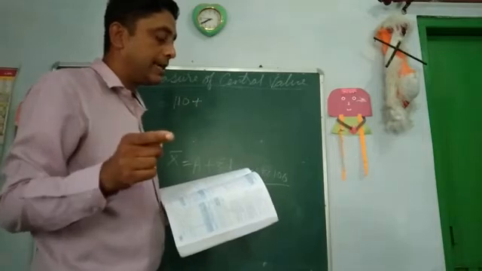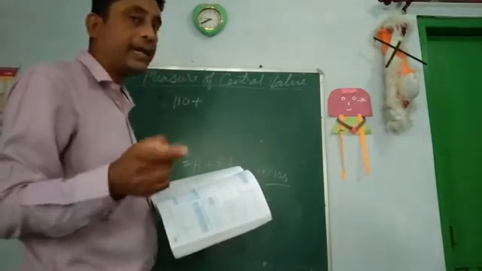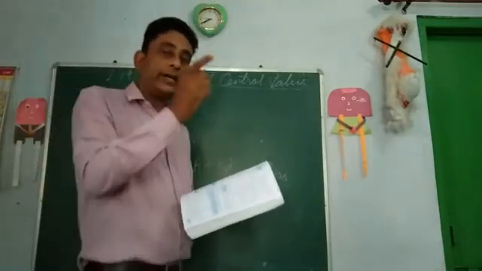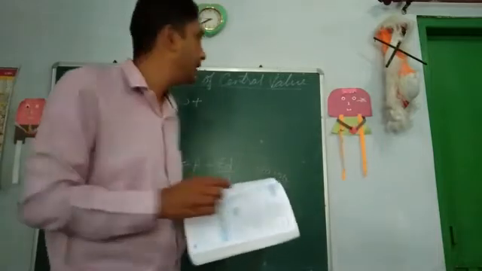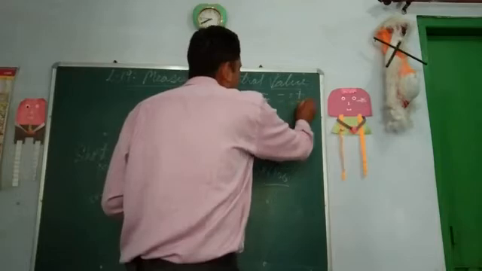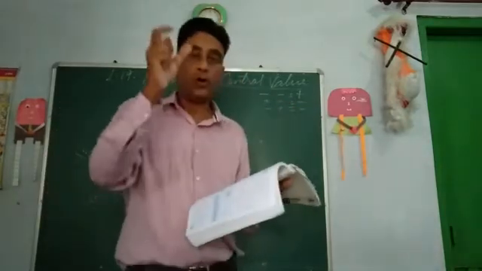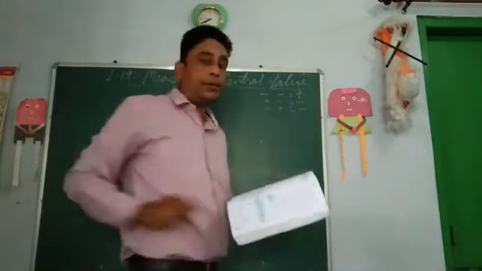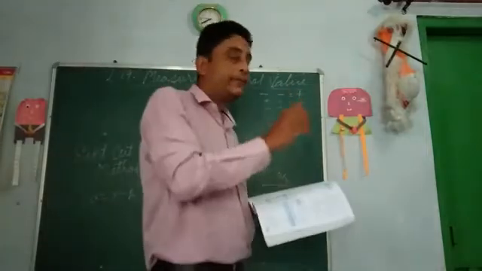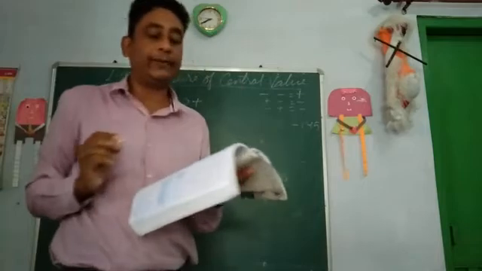So 60 minus 110 comes as minus 50, 70 minus 110 comes as minus 40, 80 minus 110 comes as minus 30, and so on. Where negative values are there, the sign rules apply: minus times minus becomes plus, and plus and minus becomes minus. The sum of all the negative values is minus 145.